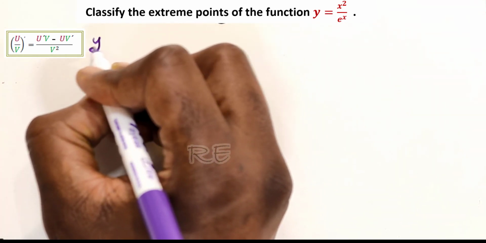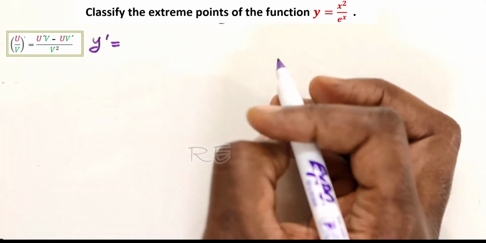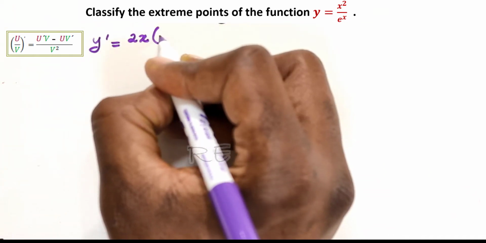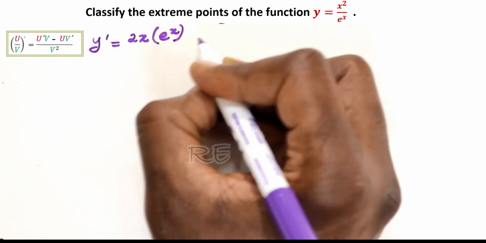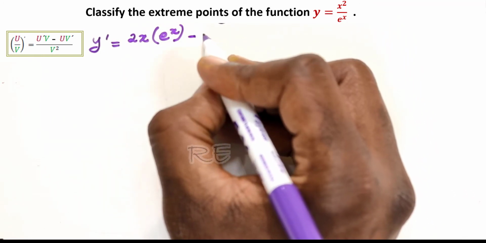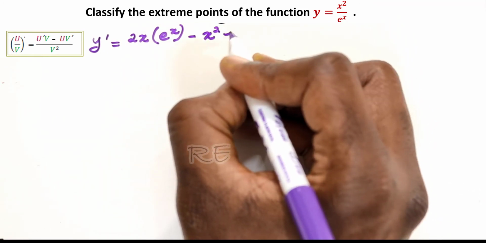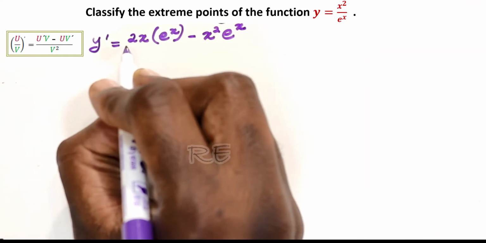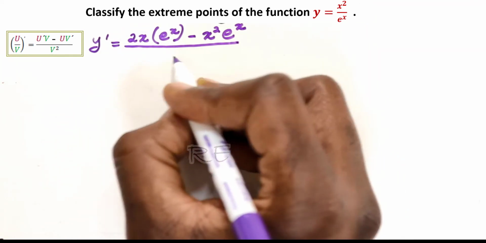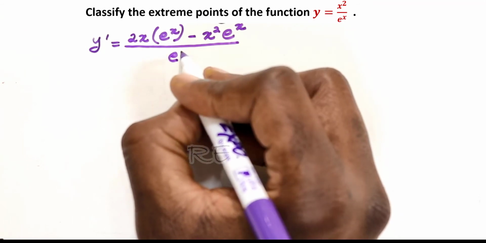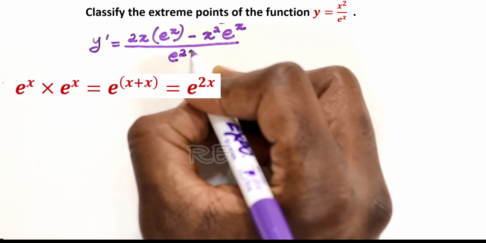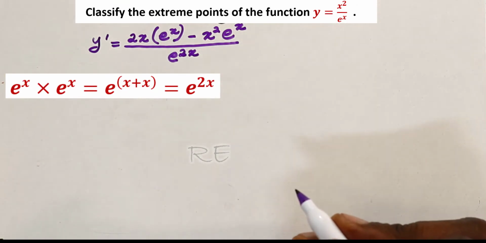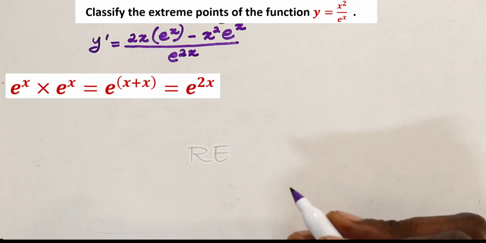Y prime is equal to u prime, which is 2x, times v, which is e to the x, minus u, which is x squared, times v prime, which is e to the x, divided by e to the x squared, which is e to the 2x.